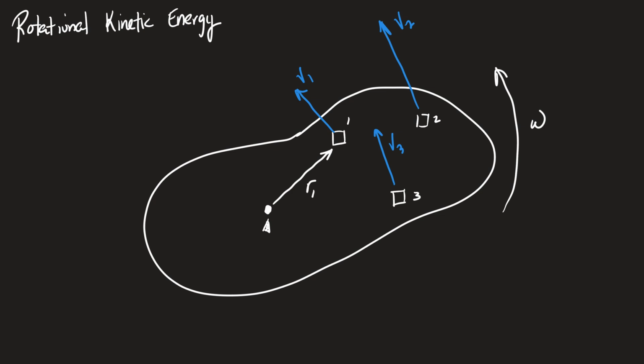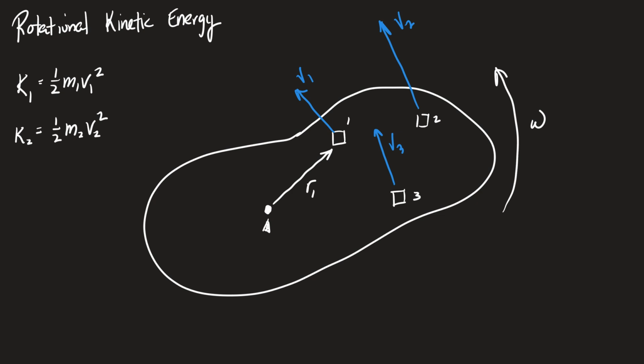So the kinetic energy of piece 1 would be 1/2 m1 v1 squared. And the kinetic energy of piece 2 would be 1/2 m2 v2 squared.